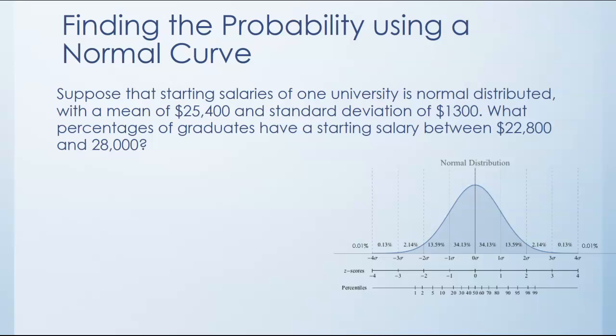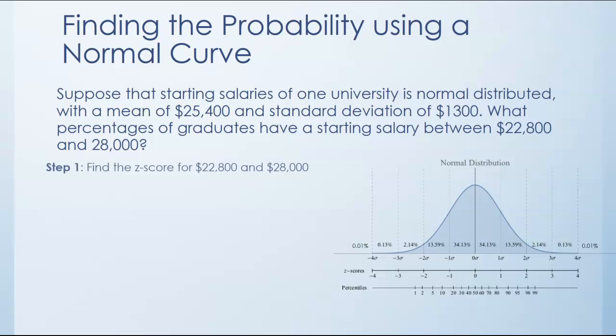All right, so let's do a similar problem here. Suppose that the starting salary at the university, this is the same university, is distributed with a mean of 25,400 and a standard deviation of 1,300. So we haven't changed our mean or standard deviation. But now we want to know the percentage of graduates who are between 22,800 and 28,000.